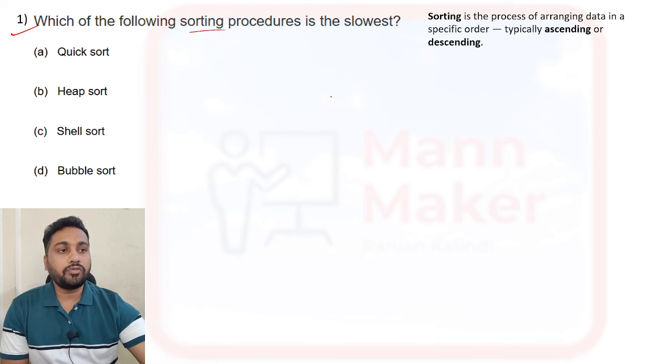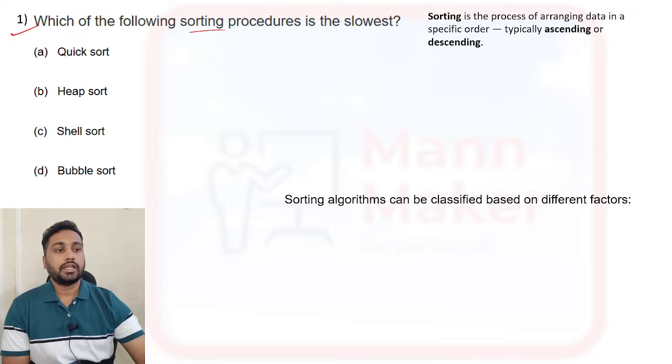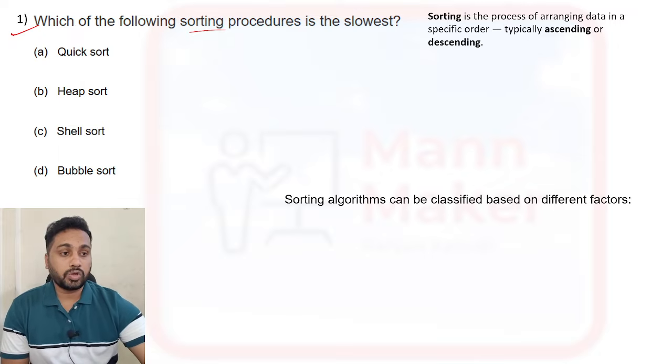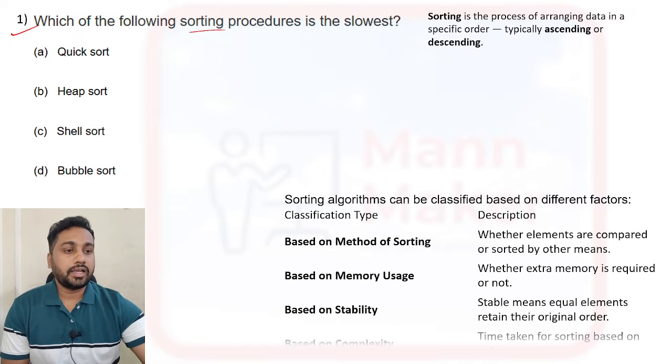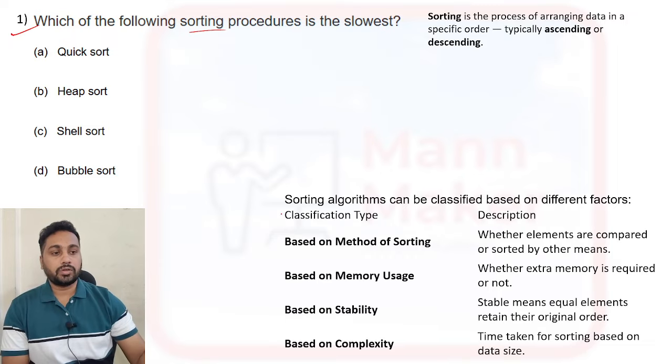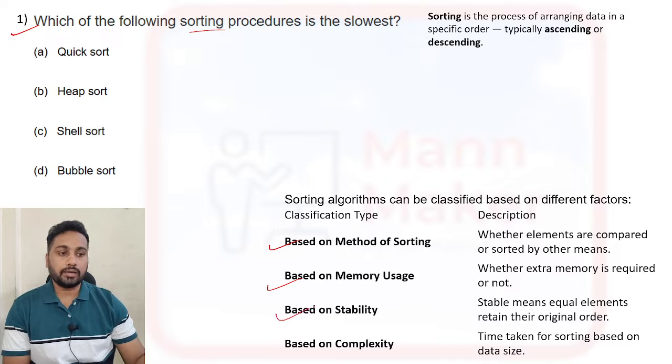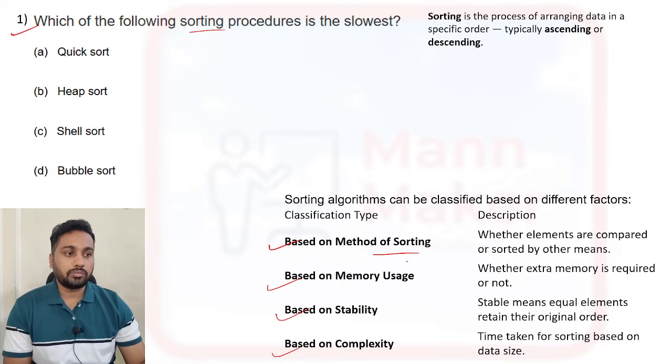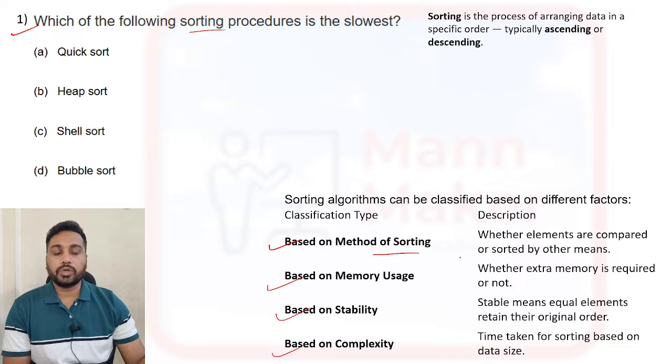Sorting algorithms are classified by different factors: based on method of sorting, memory usage, stability, and complexity. Method of sorting means whether elements are compared or sorted by other means.